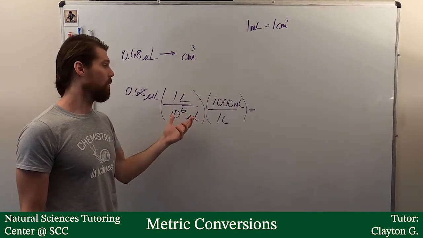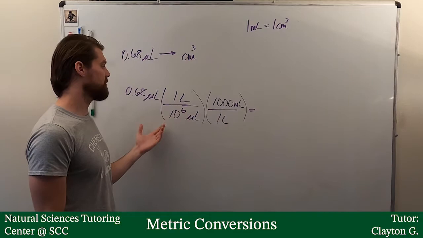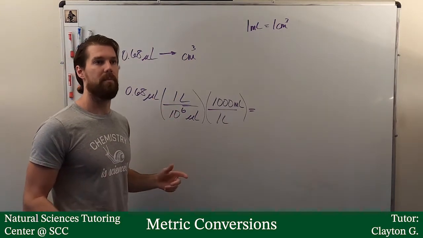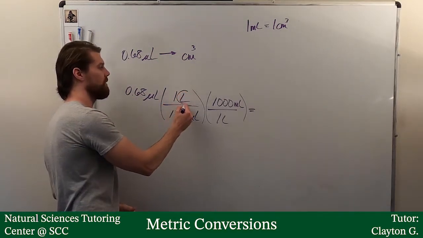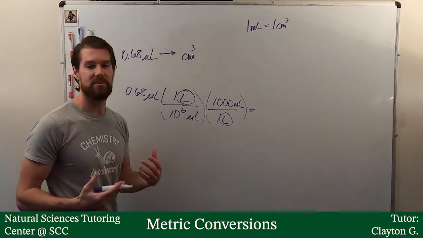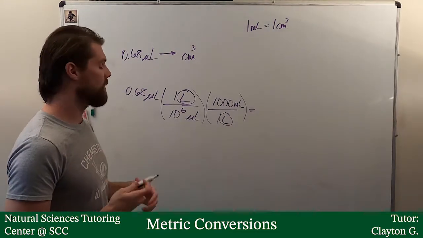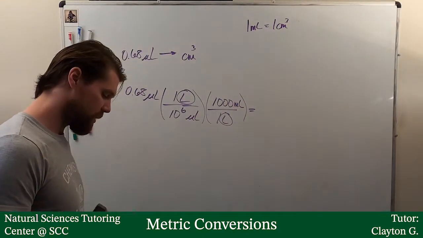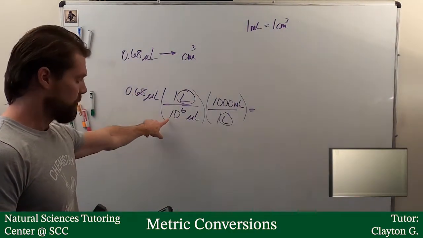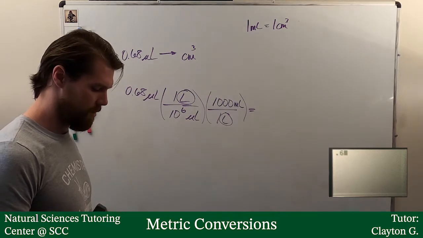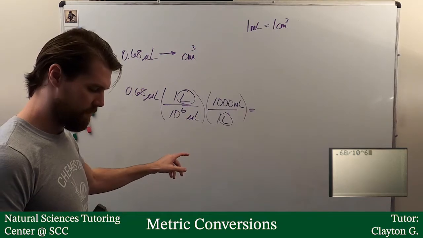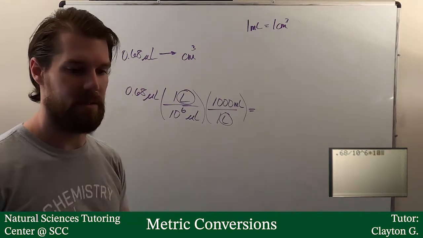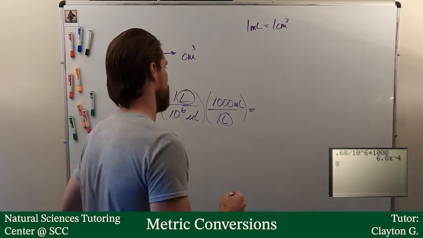Now, if you're comfortable with the fact that there's 1,000 microliters in a milliliter, by all means, just go ahead and do it. But again, I like to go through the standard on all of these because that's what I memorized. Anyway, let's throw this in a calculator. I'm going to say 0.68 divided by 1,000,000 and times 1,000. 6.8 times 10 to the negative fourth.